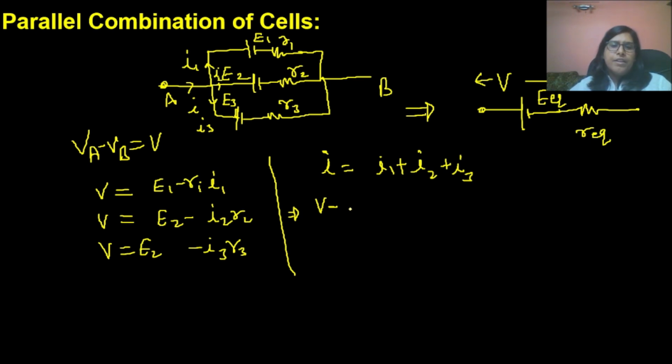So the equation will be V equals E minus I into R equivalent.